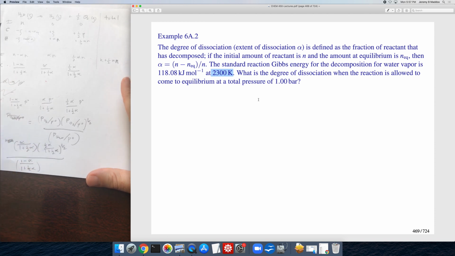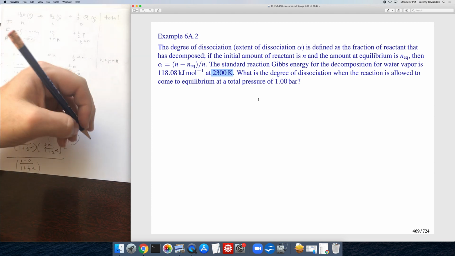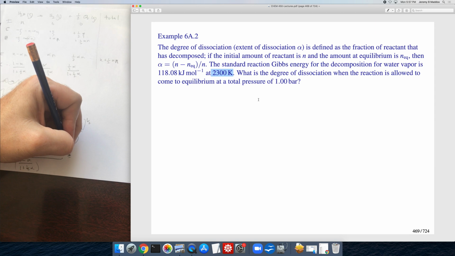We'll notice that all of the P0s cancel out. Then I'm going to make the assumption that the extent of dissociation is going to be rather small, so we can neglect alpha relative to 1 here, and here. And so it simplifies the expression considerably.